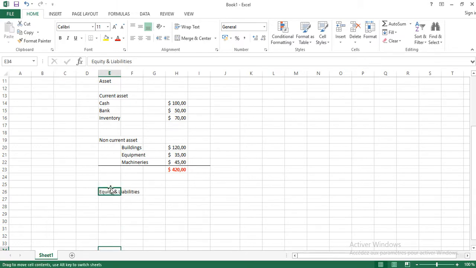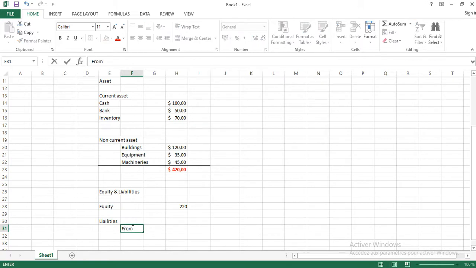Then you have equity and liabilities. Like I explained, equity is the investor's money. So the investor has probably invested $220. Then you have liability. Liability is the loan that you're taking, from the bank, or it can be from your supplier.